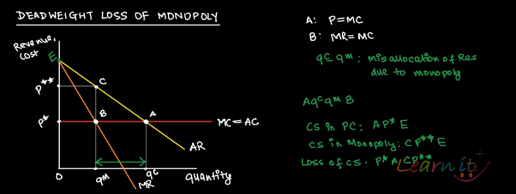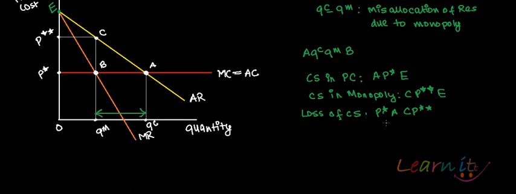Now, as you could see, this P star A C P double star, the entire area of the quadrilateral, is the loss in consumer surplus because of arrival of monopoly. It could be broken down into two pieces. One is P star B C P double star.